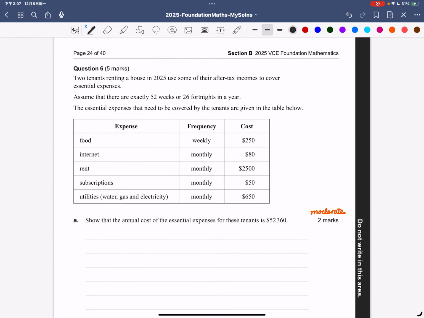Question 6. Two tenants renting a house in 2025 use some of their after-tax incomes to cover essential expenses. Assume that there are exactly 52 weeks or 26 fortnights a year, and we also assume there are 12 months. The essential expenses are given in the table: food, internet, rent, subscriptions, utilities.